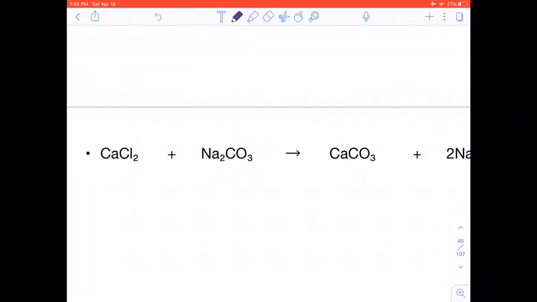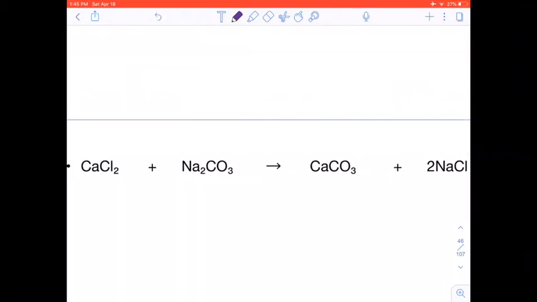Right, now let's look at this one here. We got calcium chloride plus sodium carbonate gives us calcium carbonate plus NaCl.